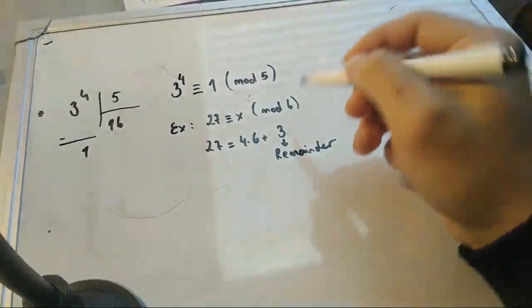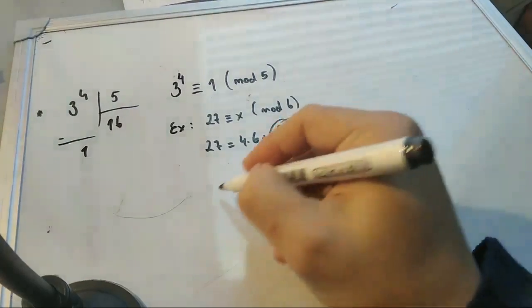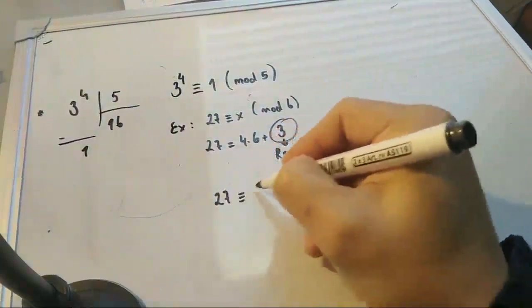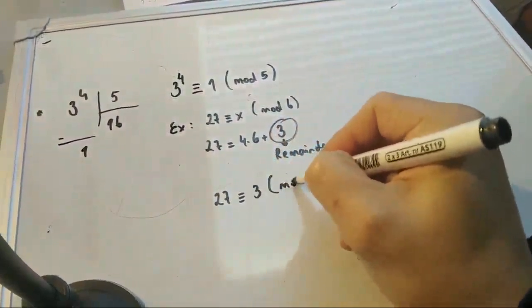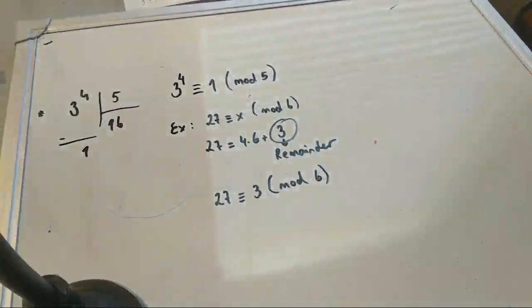So automatically we got the solution. So 27 is congruent to 3 in mod 6. Okay?